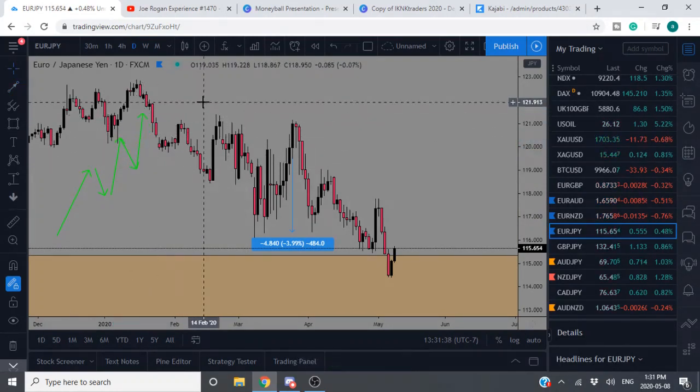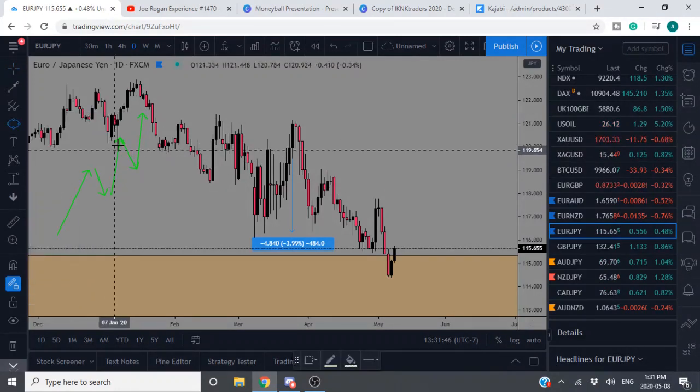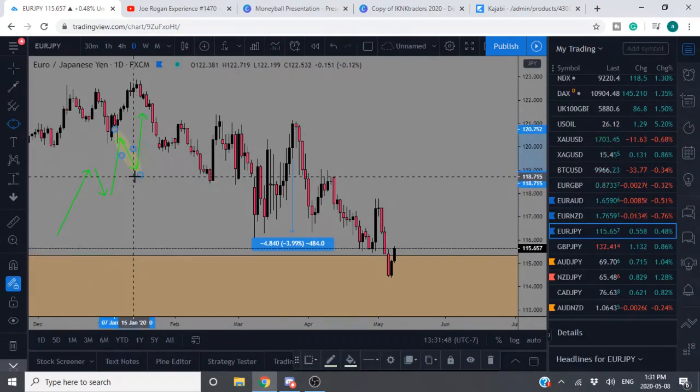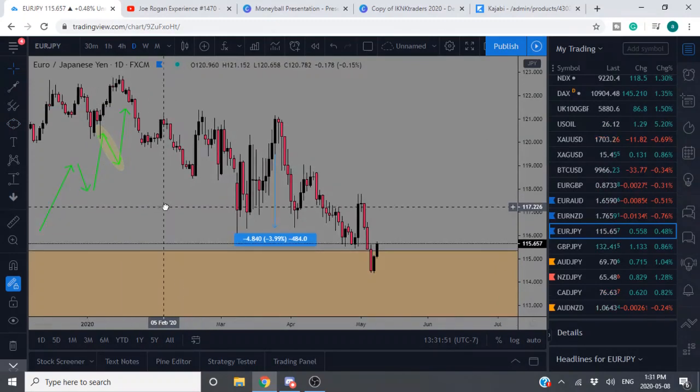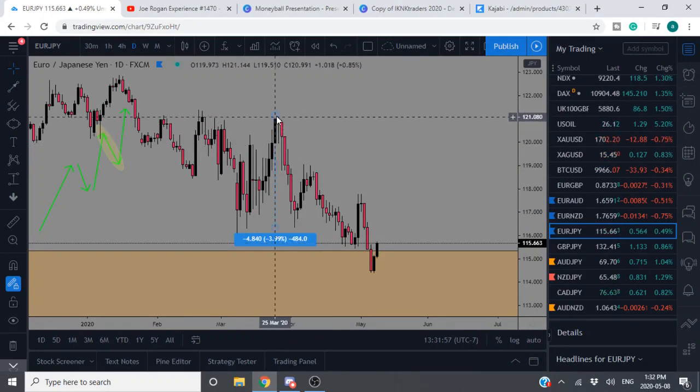The imbalance candles, the big candles continuing the trend, are the imbalance candles. The corrective move is this right here. We're in a downtrend, so when you're selling, that's going to be the next imbalance.